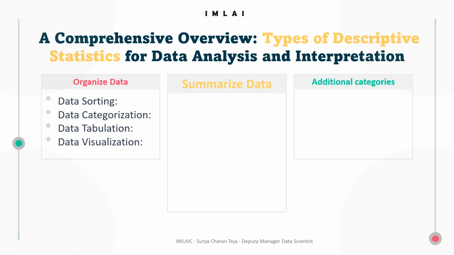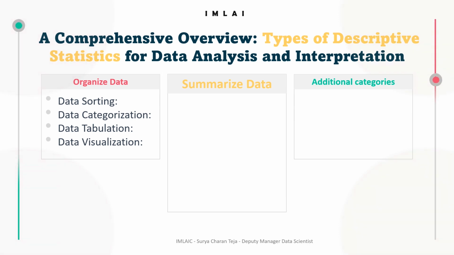Then the final one under the organized data category, data visualization, creating visual representations of data such as charts, graphs, and plots to organize data in a visually appealing and informative way. So these are all organized data.